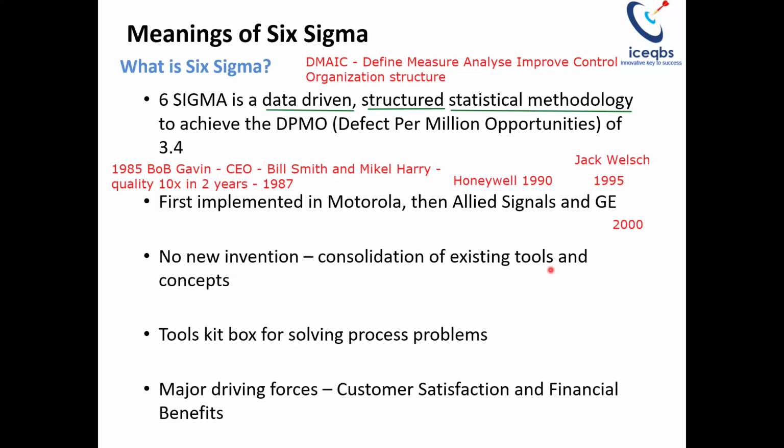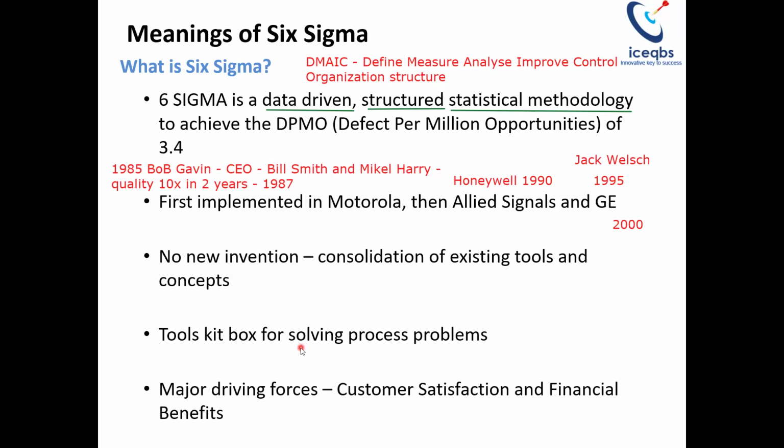And after handing over to the process owners also, these recommended solutions were implemented with a lot of process discipline. That was one of the major reasons for the success of this methodology in those countries. Right? So no new tools or new concepts were invented because of Six Sigma. It was only the consolidation of the existing tools and concepts.